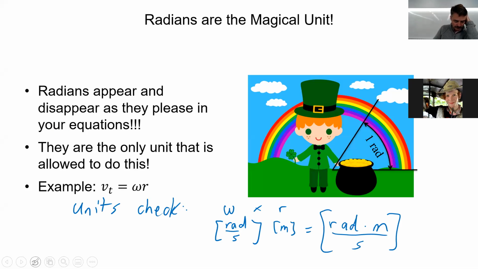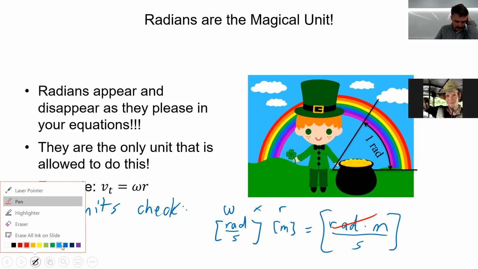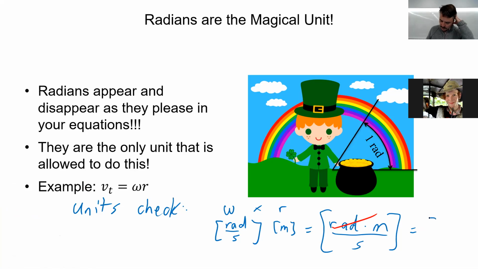But then what you do is you go like this, and it's equal to meters per second. So that's the trick. So basically, you can't do it with degrees, but you can do it with radians. It's a dimensionless unit, so that allows you to make it go away or come back. You just have to kind of use context to know whether the radians should be there or not.